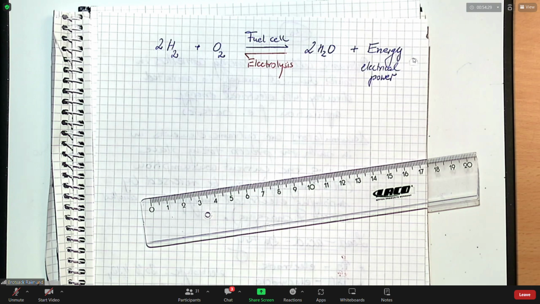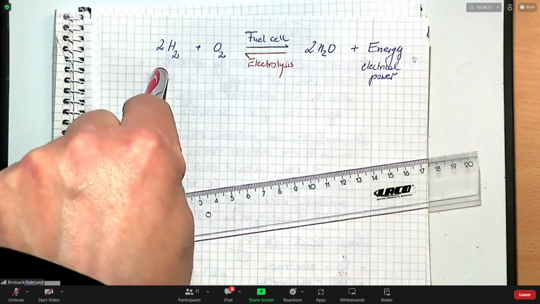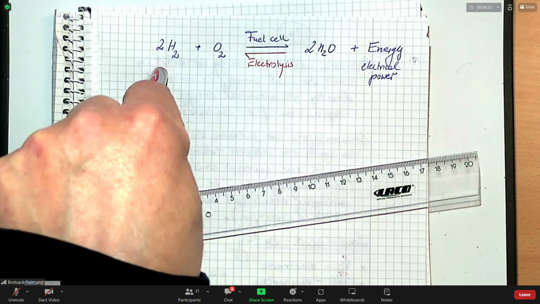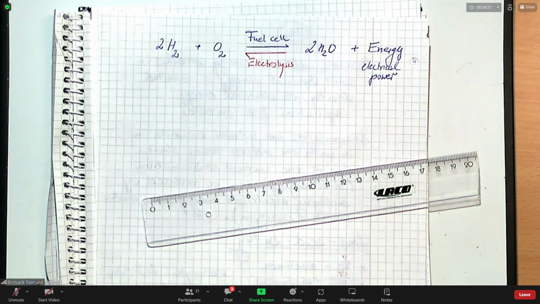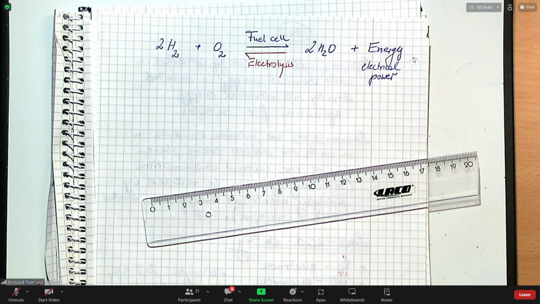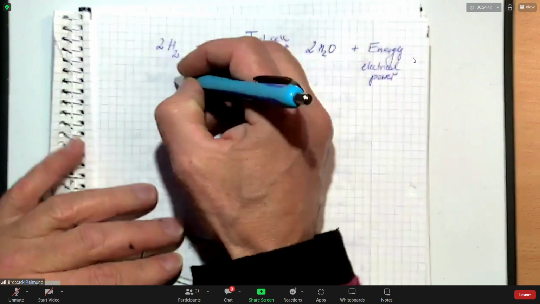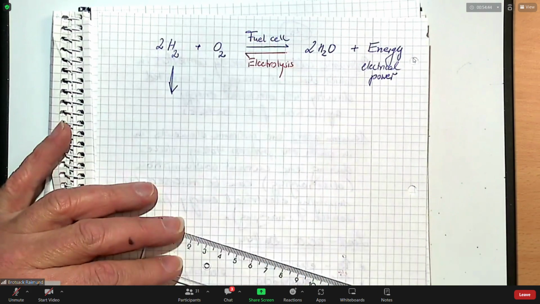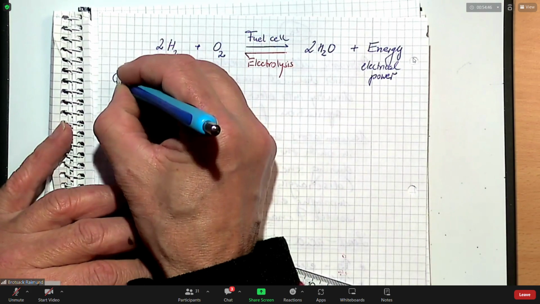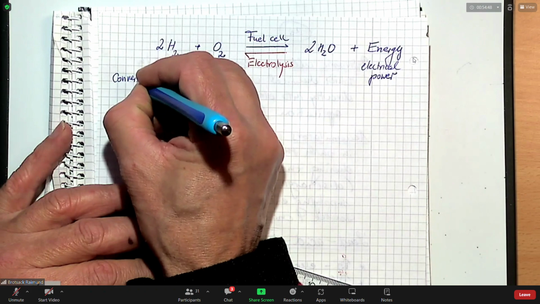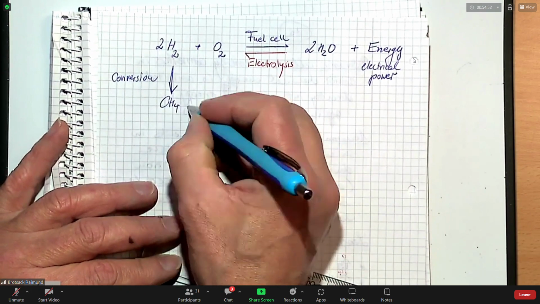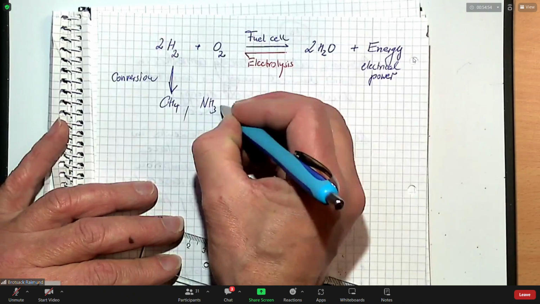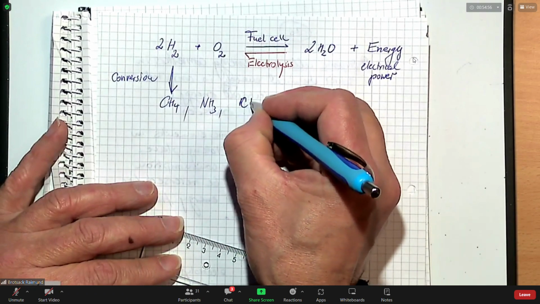So an idea is to produce hydrogen and then use the hydrogen to transport. But even that might not work. So in the renewable world, the hydrogen is converted into, for example, methane, ammonia, or methanol.